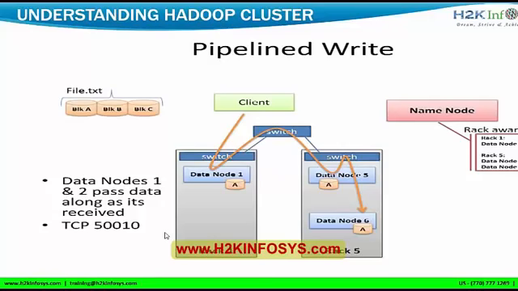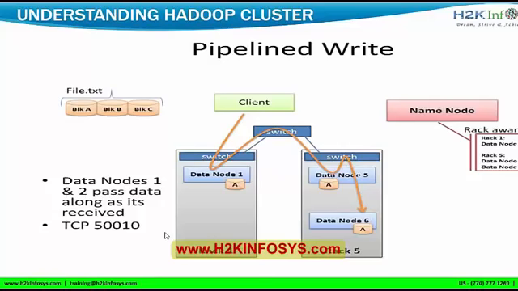Once it's written to data node 5, data node 5 is responsible for writing this block to another one. So the replication happens step by step. The client does not write to all these data nodes; the client writes to only one particular data node, and that data node is responsible for writing to the different data nodes. That's how it happens.